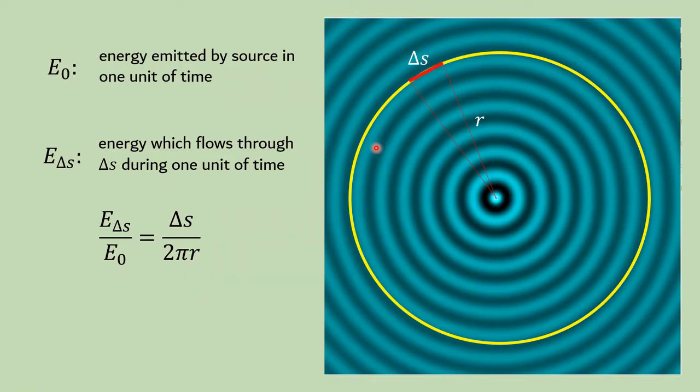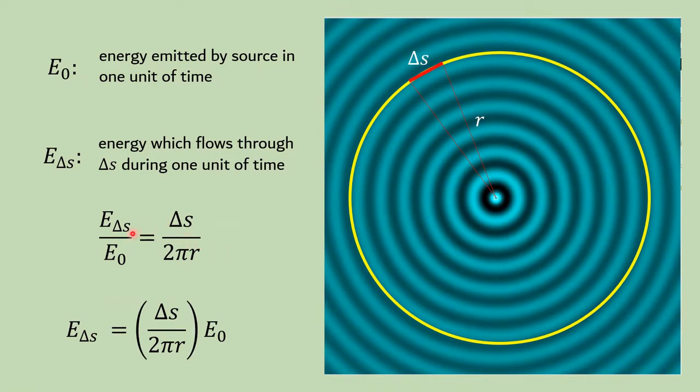It's just a simple statement of proportionality. For instance, if this arc length is 1/20th as long as the circumference, then it seems pretty clear that 1/20th of the energy which is radiating outwards will pass through this piece of the circle. That's all this says, because delta S is the arc length and 2 pi r, as you recall, is the circumference.